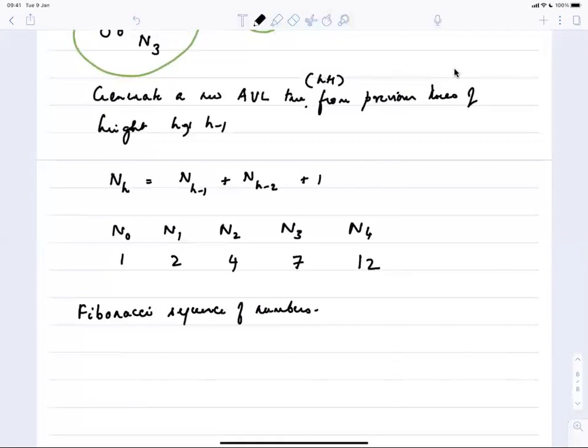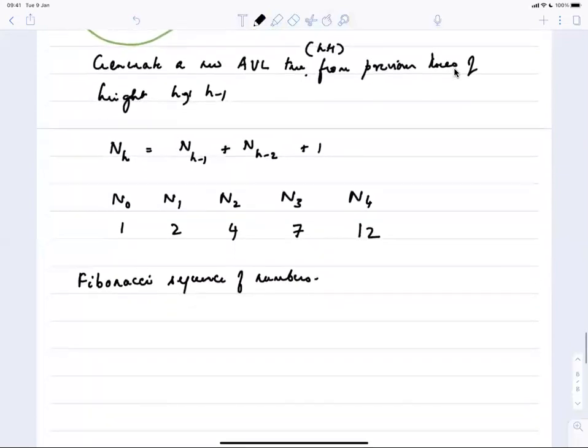So in the Fibonacci sequence, we have 1, 1, 2, let me call this F0, F1, F2, F3, F4, and so on.